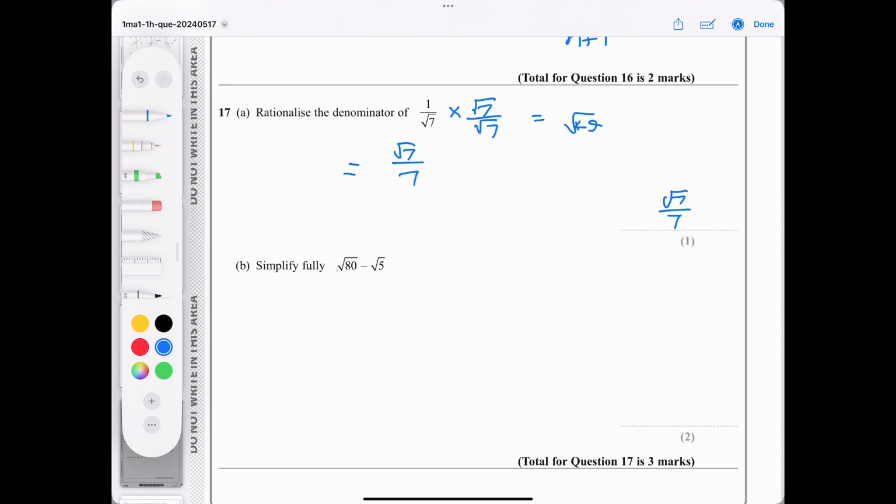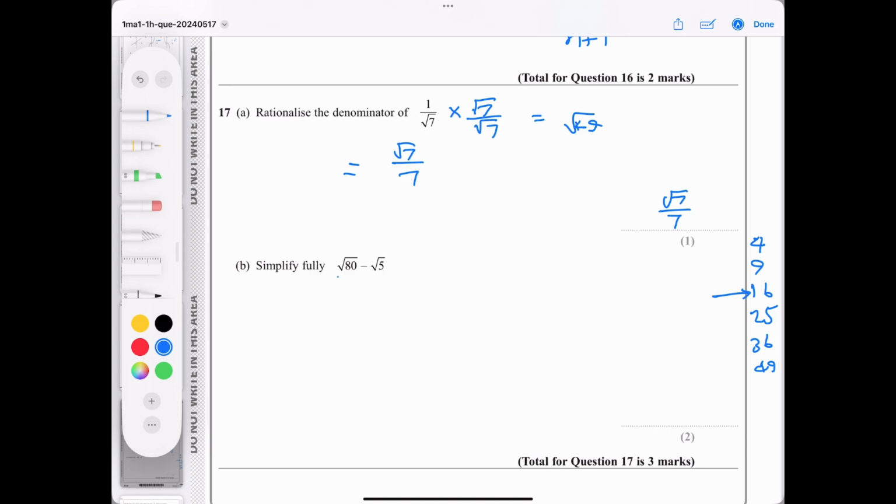And then simplify fully, root 80 minus root 5. Now, I do this when I don't know how to do it. Well, I do sort of know how to do it, but let's say 2 squared is 4, 3 squared is 9, 4 squared is 16, 5 squared is 25, and the next one's 36, and it carries on. I sometimes go up to 100, but I'm going to use root 16.